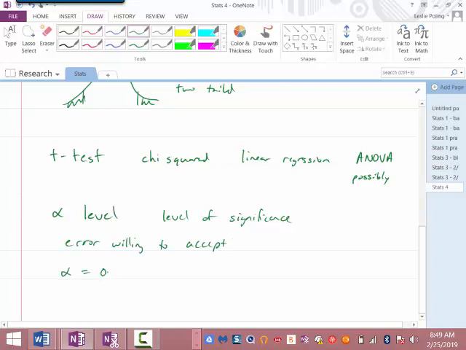So if we use an alpha level of 0.05, that means we're saying 5 out of 100 is due to random chance, and that's okay. That is the typical one we use for the types of experiments that we use.